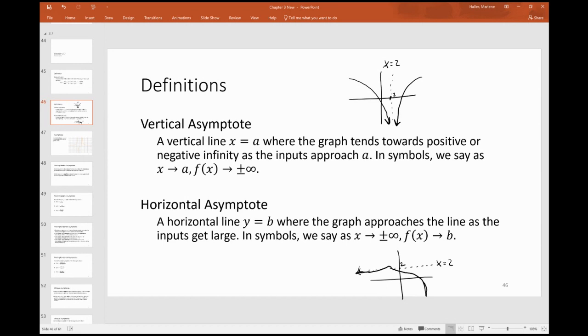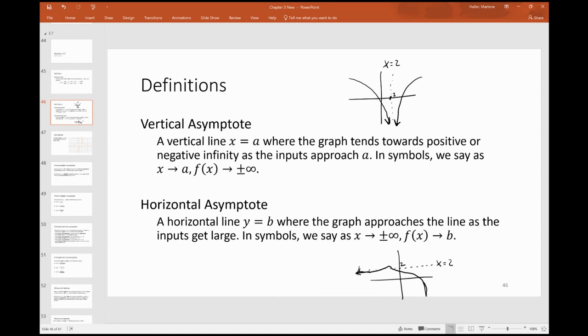In this very sloppy example, you can see that the graph can cross over a horizontal asymptote. A lot of times it doesn't, but it can, and it will settle back in right next to that horizontal asymptote as the graph goes off to infinity, right?